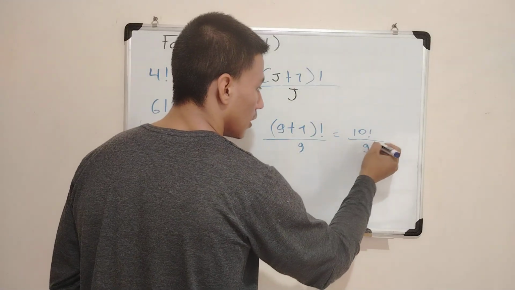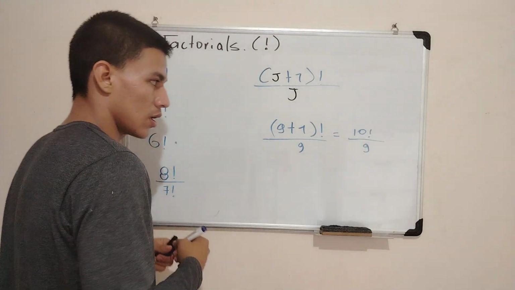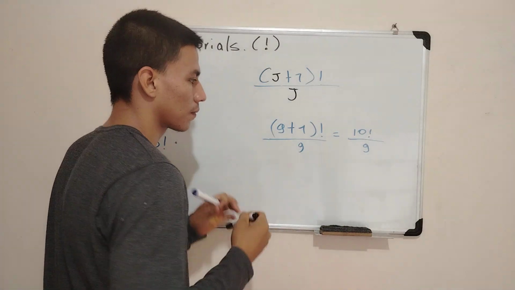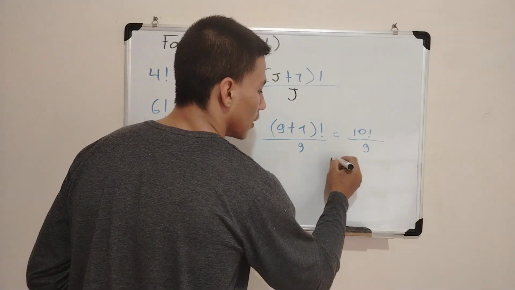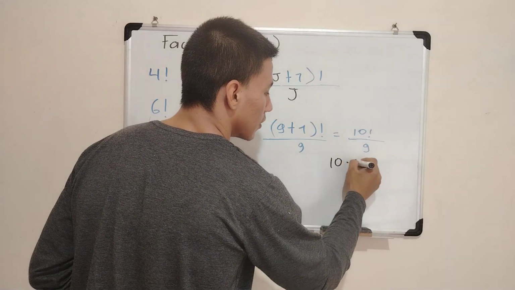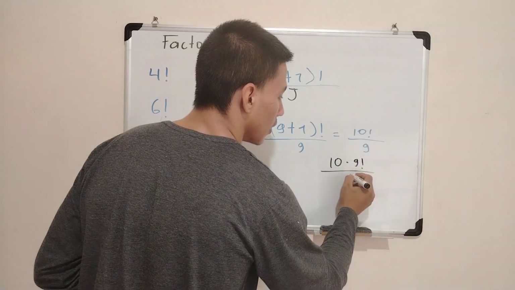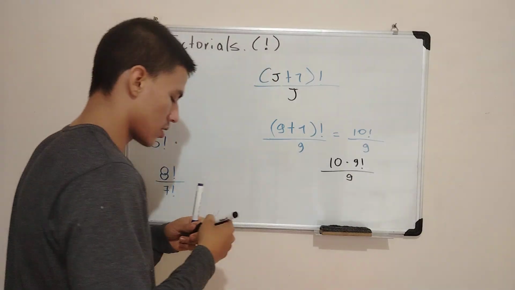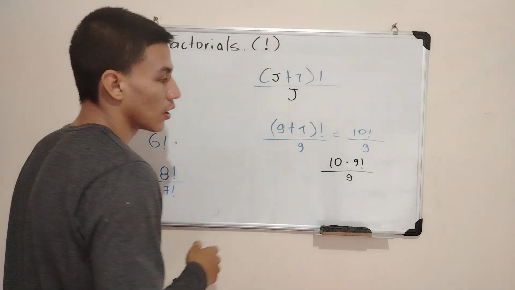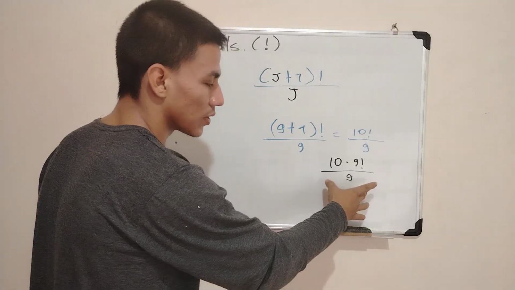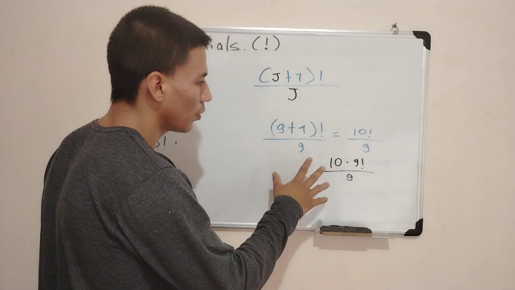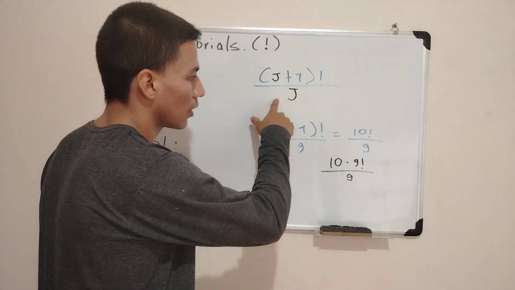So this can be represented as 10 times 9 factorial, and so we have 9 factorial here. This can be represented like this. So what we can see here is that it is just plus another number.